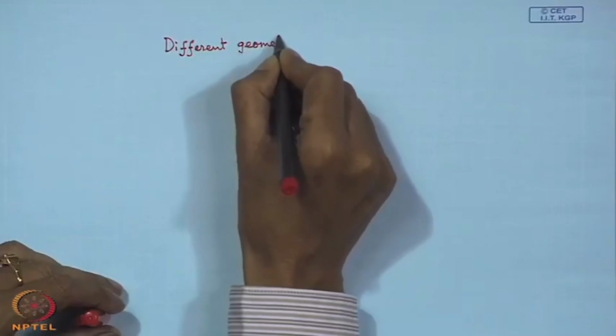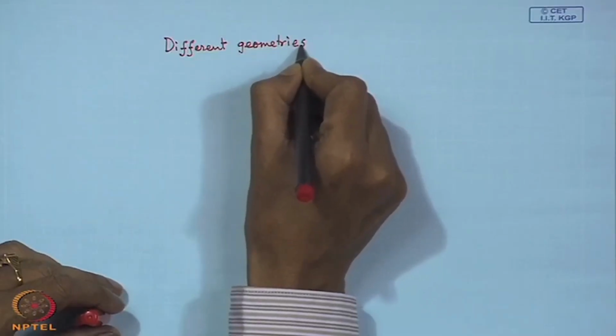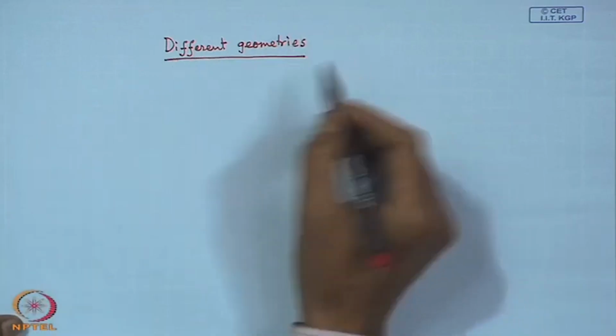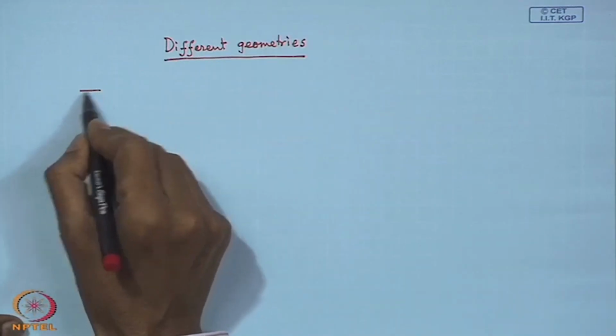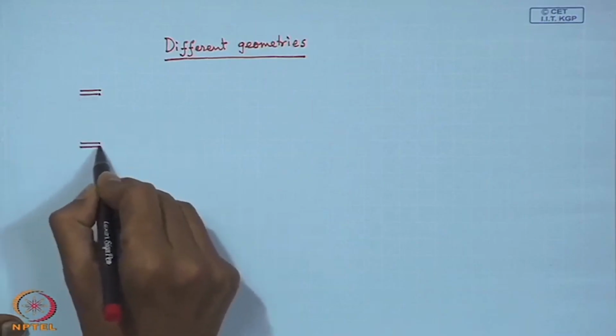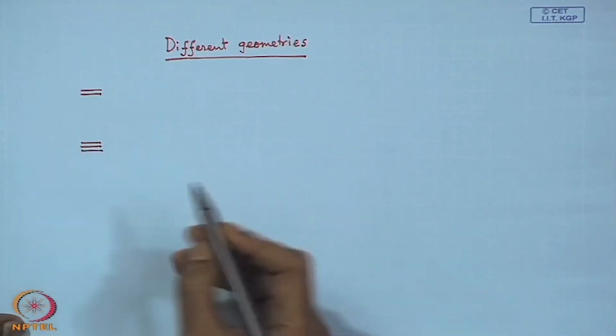So the next part of this class on bonding, we'll see how the different geometries can affect the corresponding d orbital ordering in a particular crystal field.